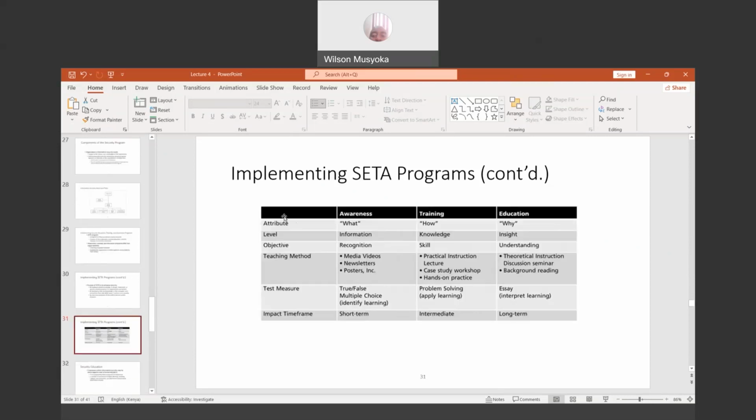And the SETA programs are going to be put in different levels. There is going to be the level of education, the level of training, and the level of awareness. When we are talking about education, we are asking why. Training is how do we do it? Awareness is what needs to be done.